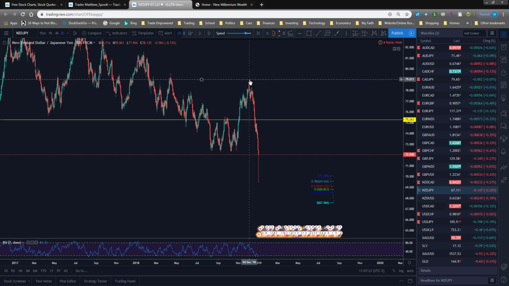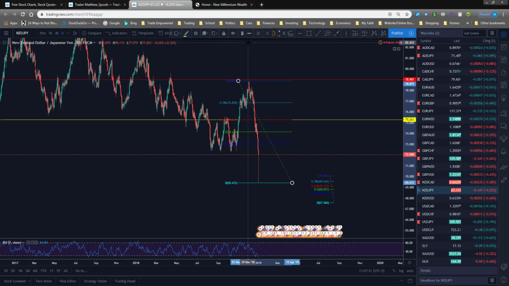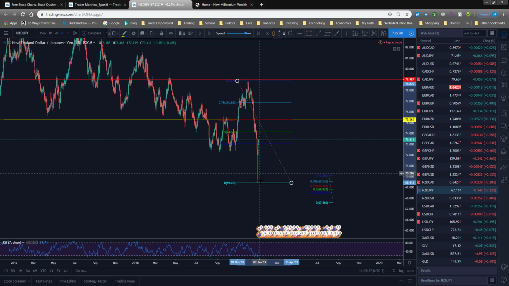So this is what I would do. Once the market makes a new low, I would track the market with my fib retracement tool. And if the market was to continue lower, I would lower my fib retracement tool until the market retraces and then makes a new lower low. But up until that point, as it just continues to move lower, I would just extend this fib retracement tool lower.